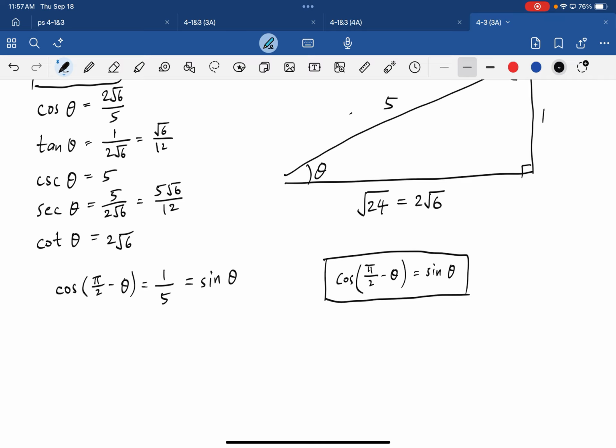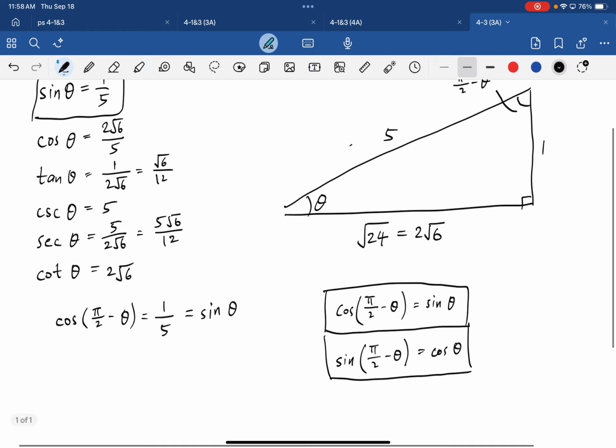And similarly, sine of pi over 2 minus theta is equal to cosine theta. This just comes from the fact that sine theta is opposite over hypotenuse, and we use the geometry of the right triangle and of complementary angles to establish that these things are true. Okay?